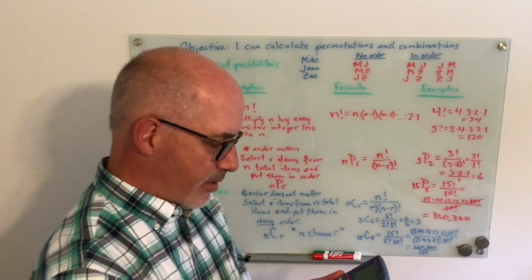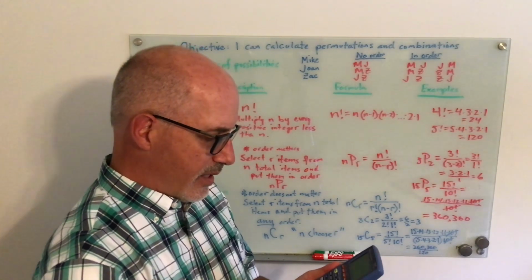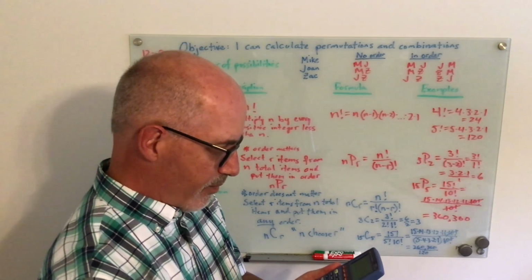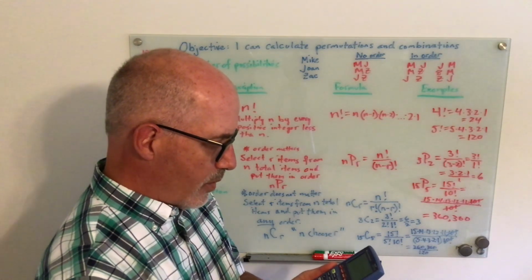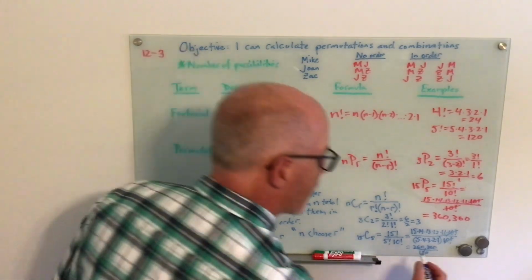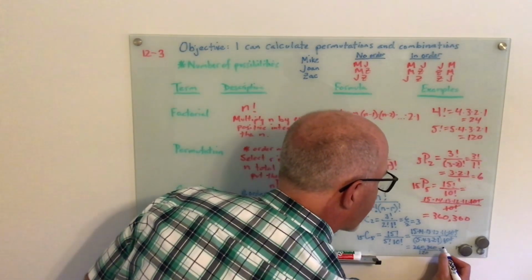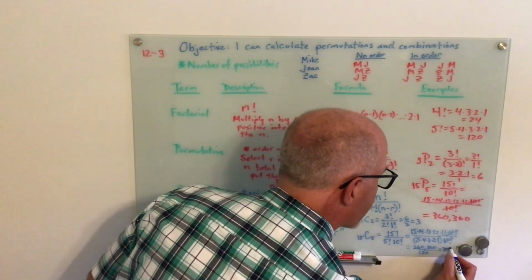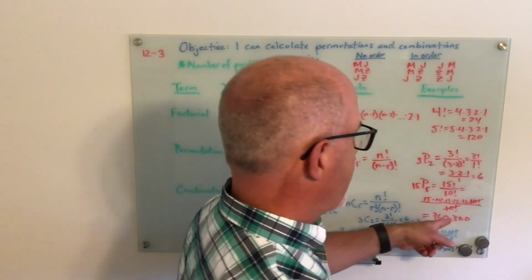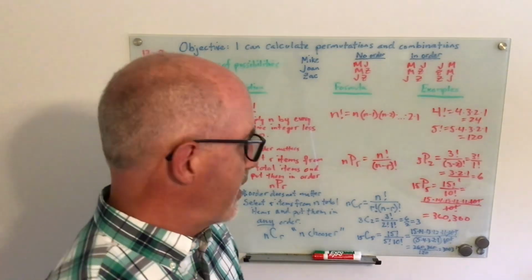So if I take the 360,360 and divide that by 120, I get 3003. So I'll just fit that right in here, 3,003, our final answer. Notice 3,003 is a whole lot less than the 360,360.